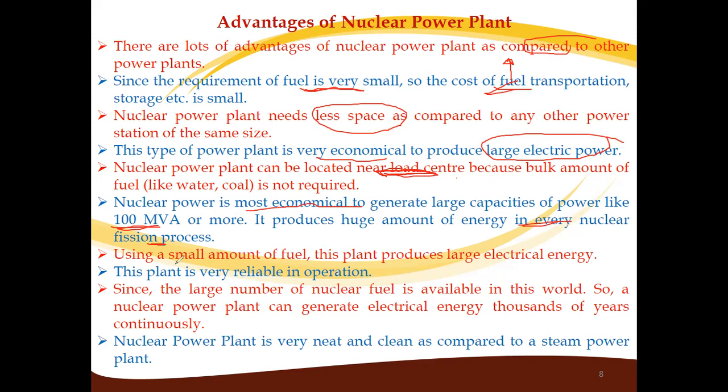Next, using a small amount of fuel, the plant produces large electrical energy. Next, this nuclear power plant is very reliable in operation. Then a large amount of nuclear fuel is available in the world, so a nuclear power plant can generate electricity for thousands of years continuously.